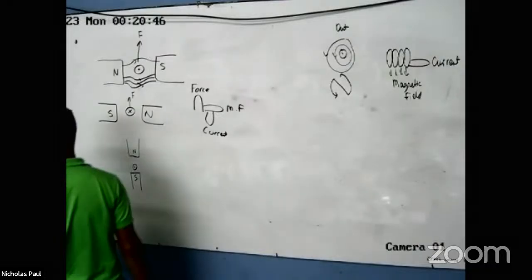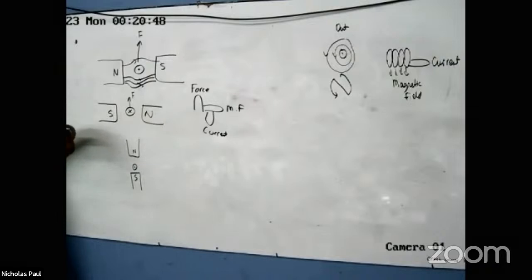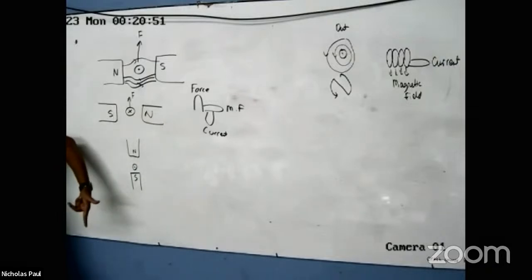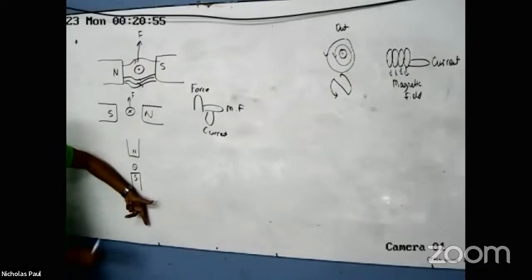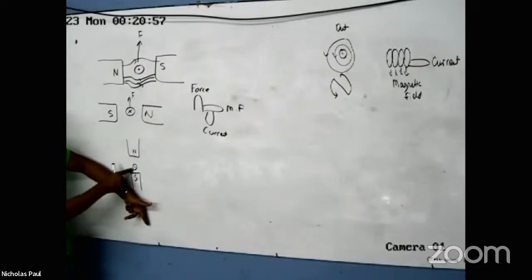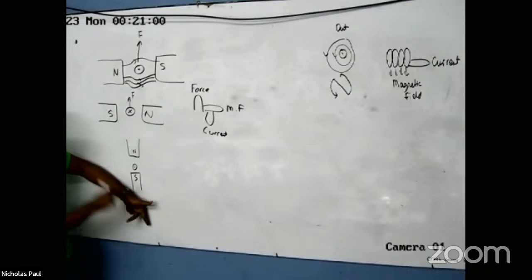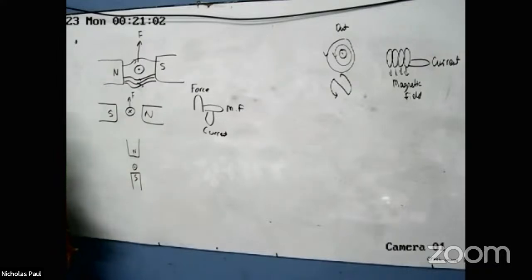There you go. So magnetic field going north to south. Current coming out. So the force is to the right.